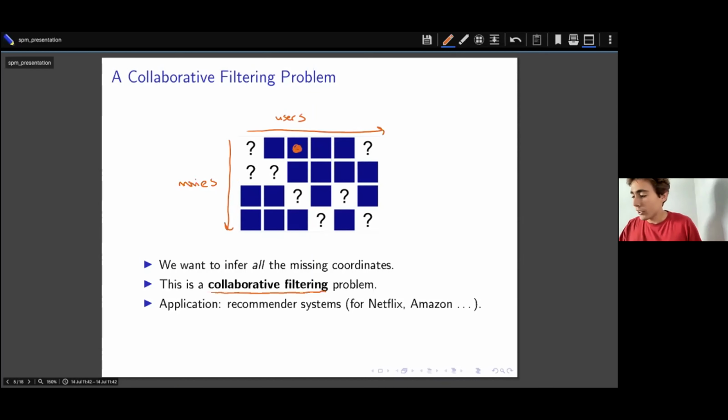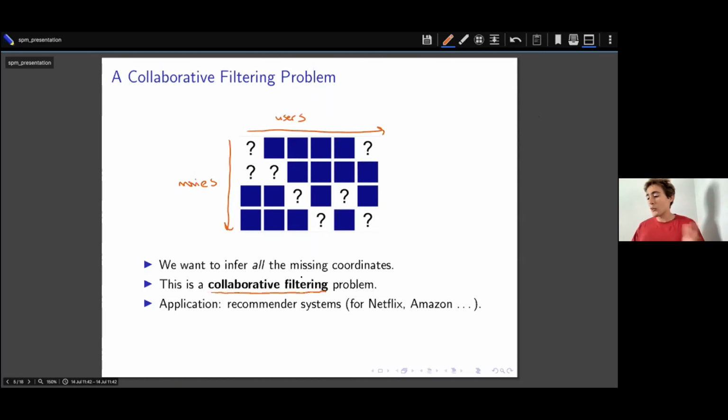And let's say that for every user, we can observe or measure this value somehow, but only for a small subset of movies. Then we have the problem: how can we use this sort of data drawn from a very wide collection of users to try to predict how users will like movies that they haven't seen yet?